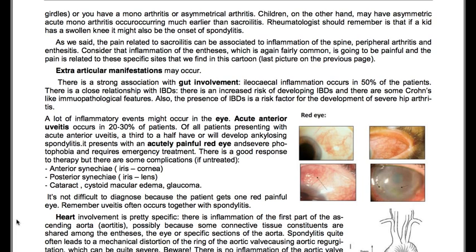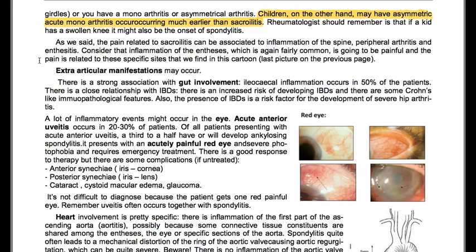Children, on the other hand, may have asymmetric acute monoarthritis occurring much earlier than sacroiliitis. Rheumatologists should remember that if a kid has a swollen knee, it may also be the onset of spondylitis.